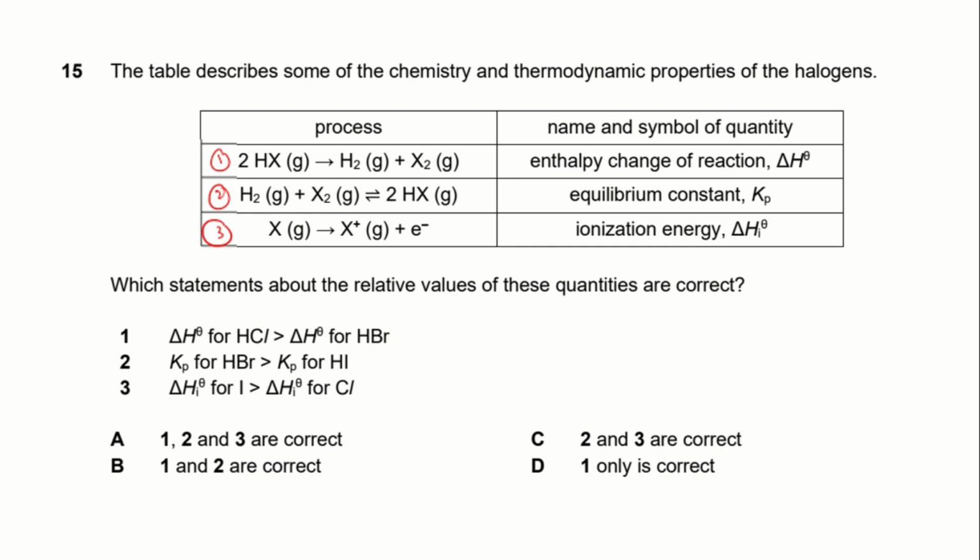Statement 2 says that Kp for HBr in process number 2 is higher than the Kp value for HI in process number 2. Again, I'm going to write down the two equations for both HBr and HI in process number 2. Now I'll write the Kp expression for both of them.